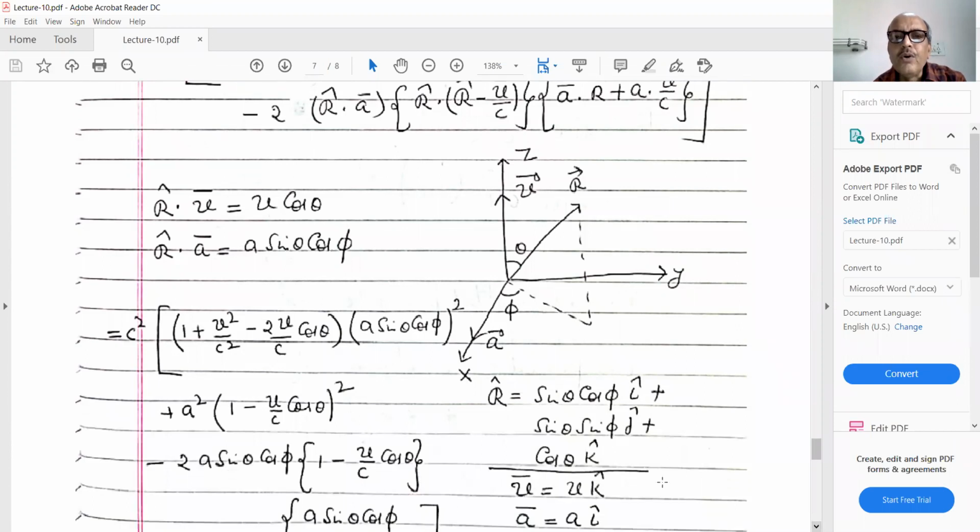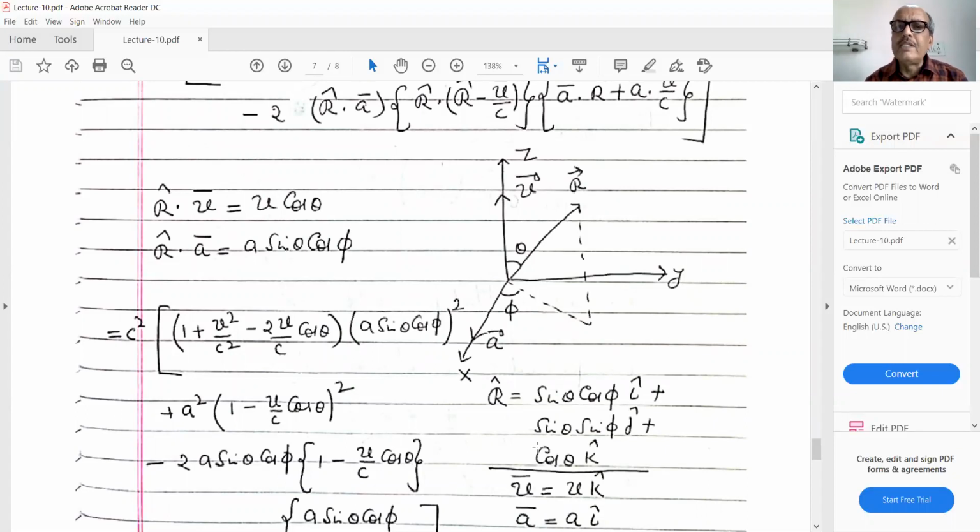And you know that the r cap unit vector can be written as sin theta cos phi into i cap plus sin theta sin phi into j cap plus cos theta into k cap. Because if you write the vector r, then r will appear with all the three terms. But to find the value of r cap, we have to divide it by the magnitude of the vector, and the magnitude of the vector is r.